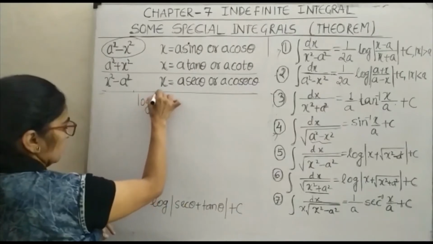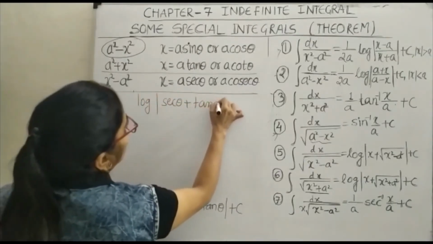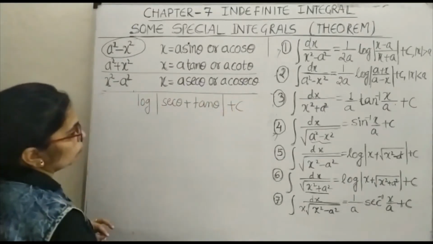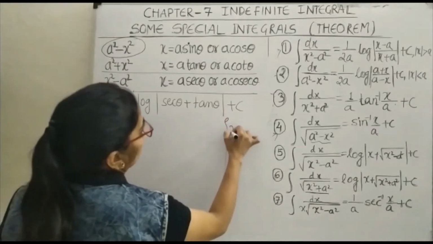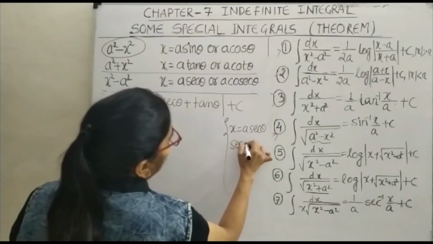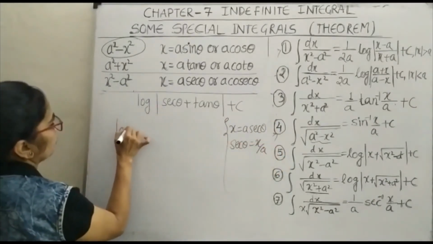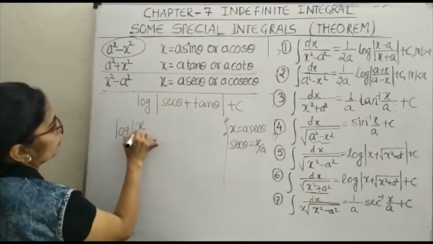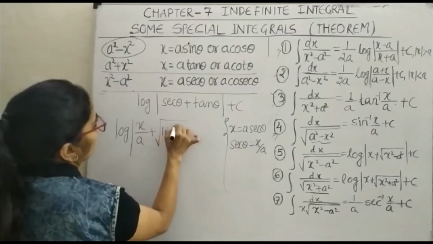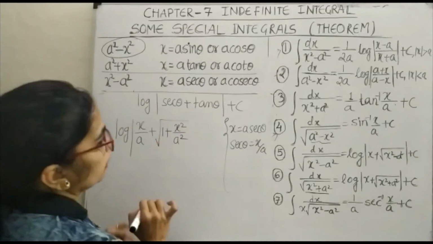Log sec theta plus tan theta plus c, right? Now just see here. What was our substitution? x is equal to a sec theta. So here what will be sec theta? x upon a. Now this takes the form log x upon a plus under root 1 plus x square upon a square, right?